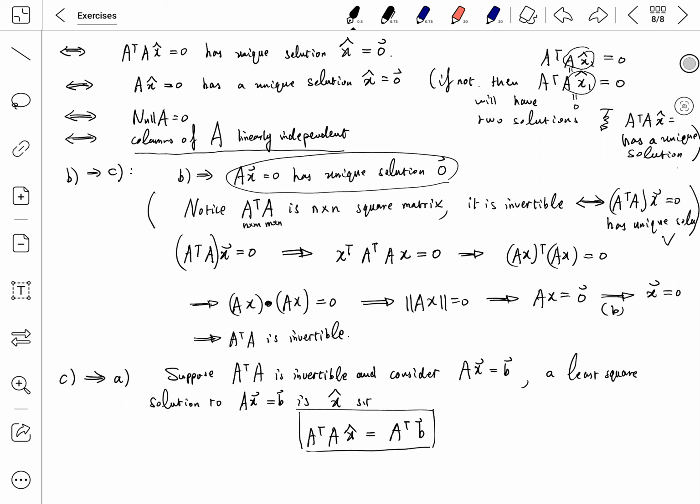If this is invertible, then we have a unique solution, which is right, and so this is finished.